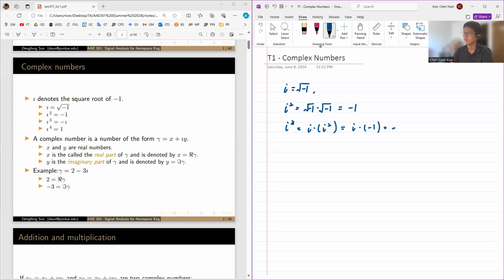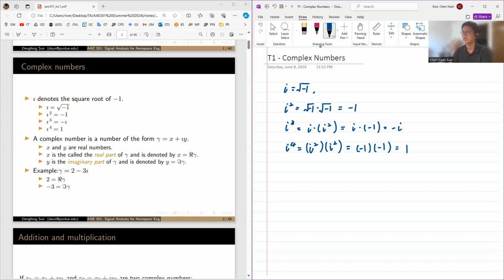So that's -i, and the fourth power of i is going to be the square of i times the square of i. So that's -1 multiplied by -1, which equals 1. All right, this is what you need to know about the imaginary unit.